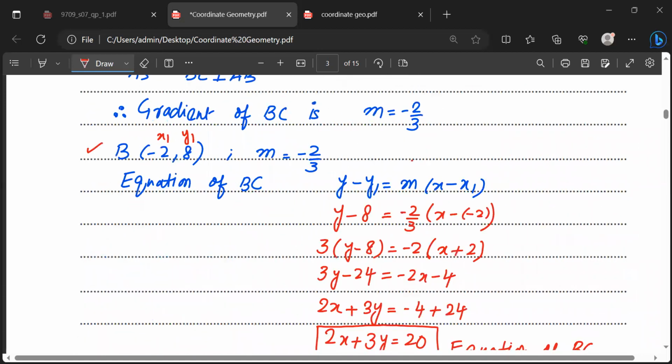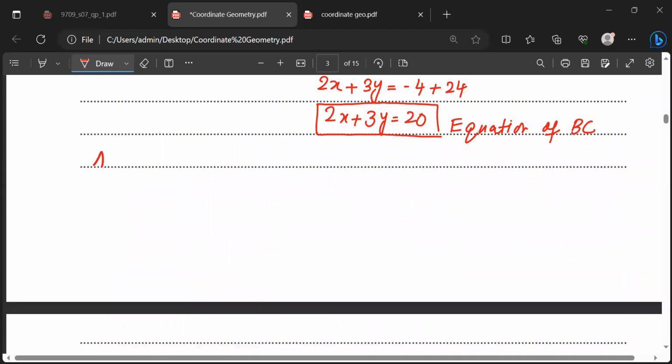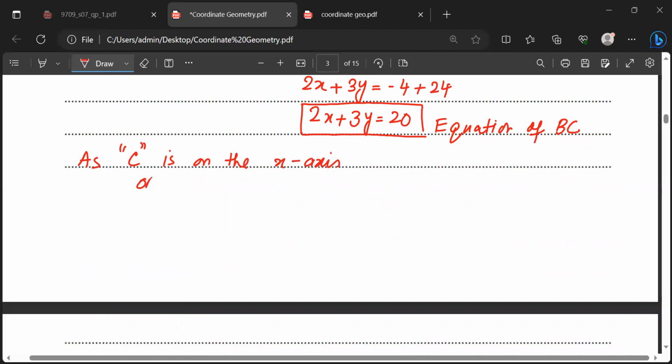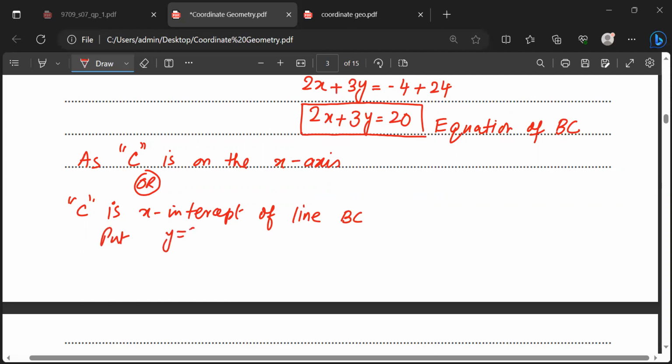When you put y equals 0, as C is on the x-axis, or you can say C is the x-intercept of line BC, for the x-intercept you put y equals 0.